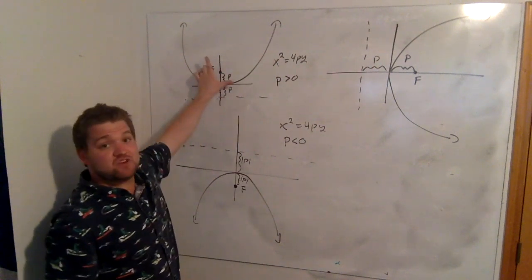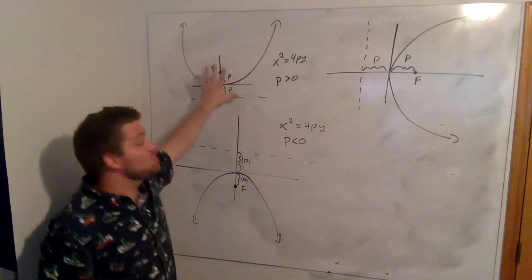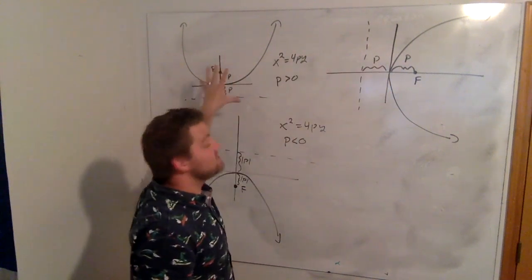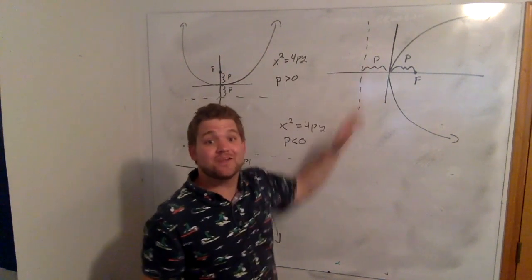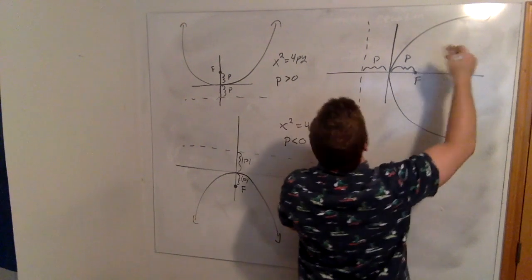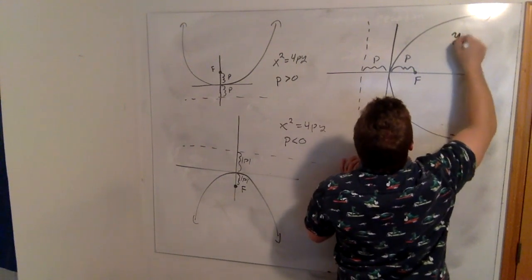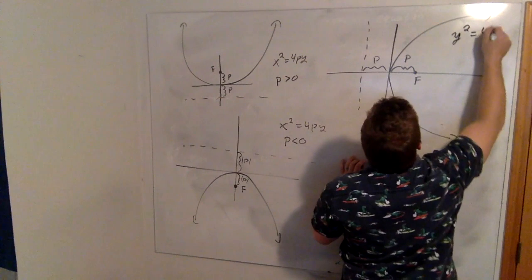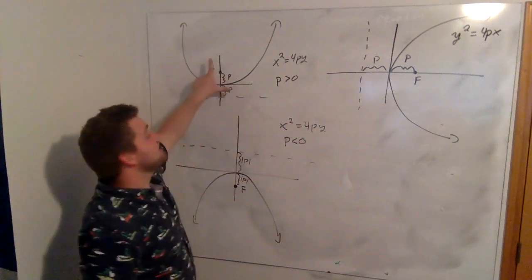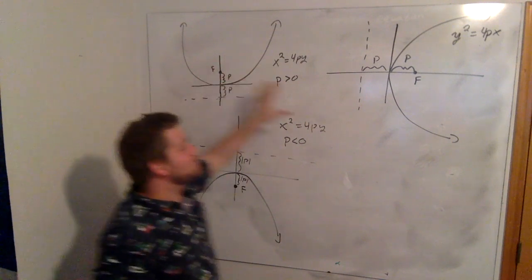If you take this picture here and reflect it this way, you're going to get exactly this picture here. So the only difference between this picture and this picture is that the x and y values are switched. This one, the equation here, is going to be y squared is equal to 4px. So when you flip-flop the x and y values, that just flips your axes. So that's why we have this picture here.